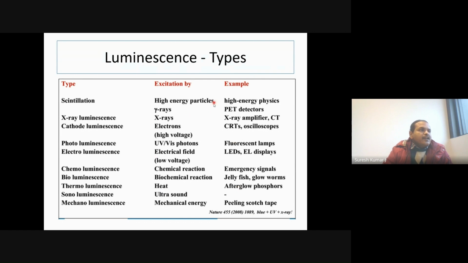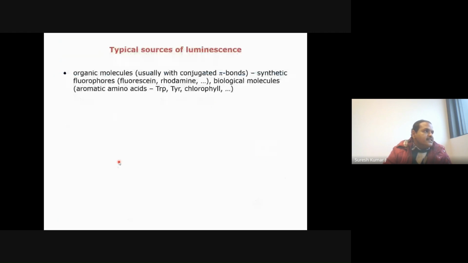For example, high energy physics, PET detectors, X-ray amplifiers, CRTs, oscilloscopes, fluorescence lamps, LEDs, etc. Here our interest is in photoluminescence.